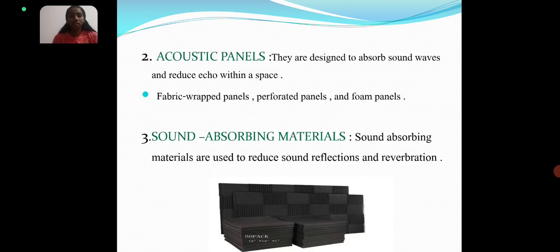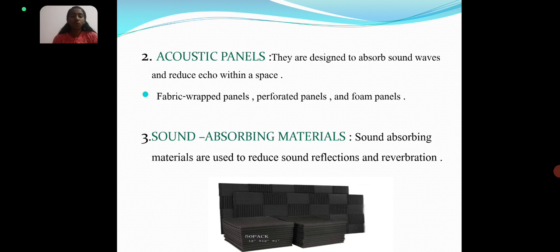So the second one is acoustic panels. They are designed to absorb the sound waves and reduce echo within a space. The materials used are fabric wrap panels, perforated panels, and foam panels. The third method of sound control in buildings is sound absorbing materials.